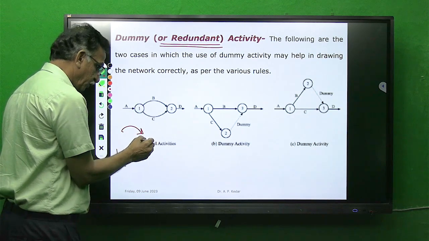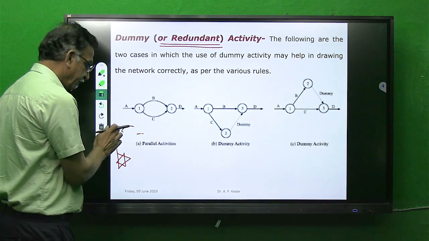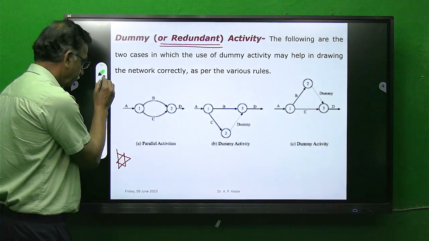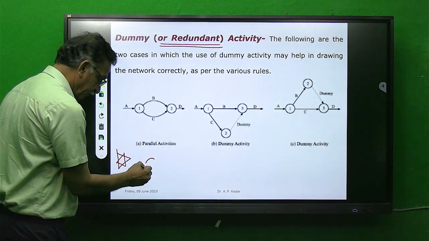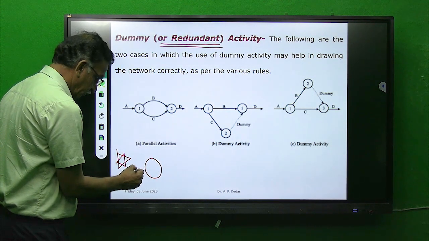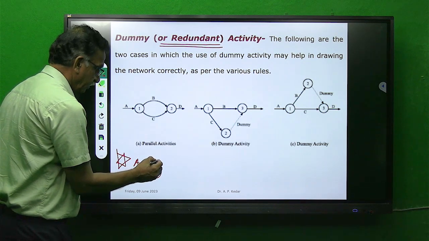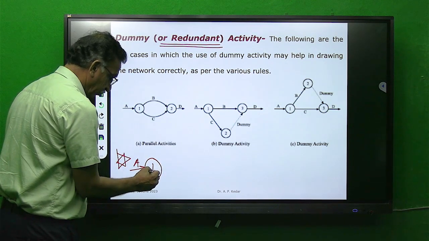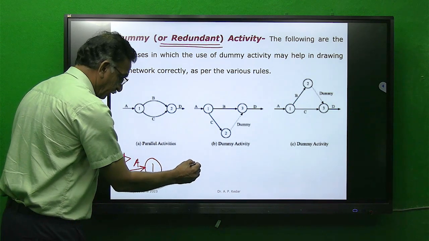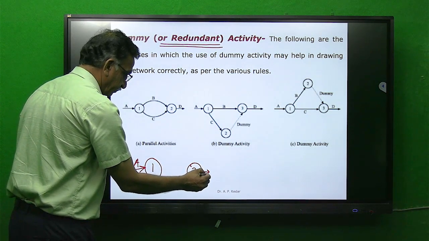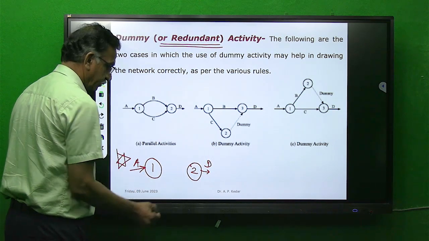But suppose one is representing this same by parallel activity, very important, try to understand. This is activity A, this is event number 1, this is event number 2, and this is D.